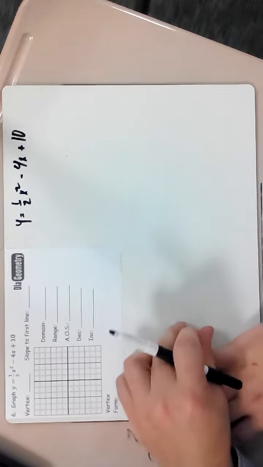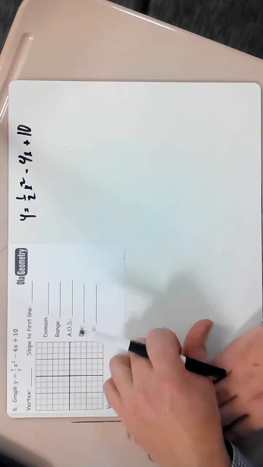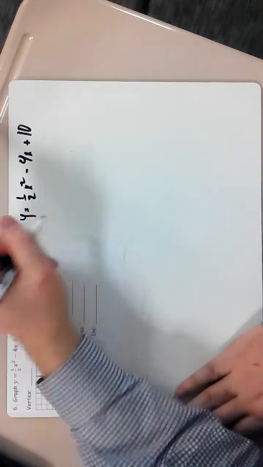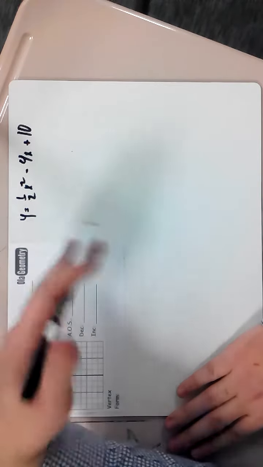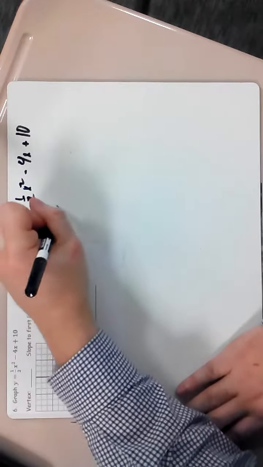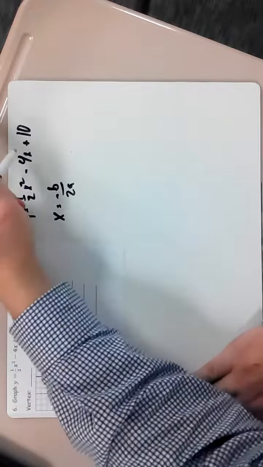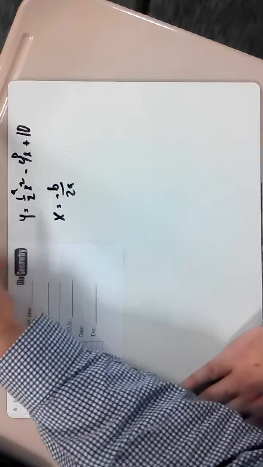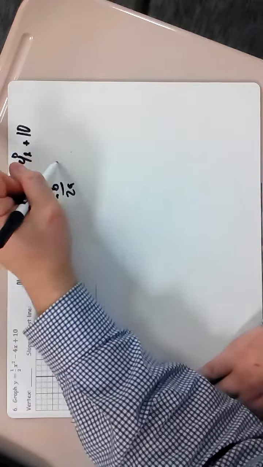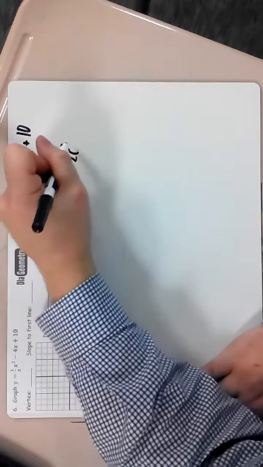I'm going to use the formula for the axis of symmetry to get the x value of the vertex. Since the parabola is going up and down, the axis of symmetry is a vertical line, so I can say x equals negative b over 2a. And this is b, and that's a. So I'm going to say negative 4 over 2 times 1/2.